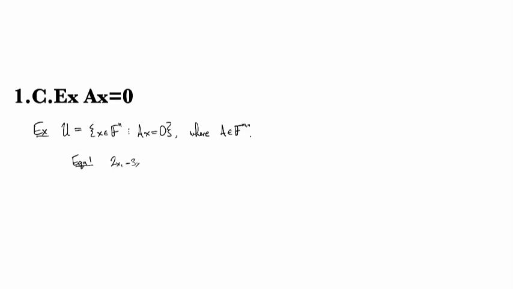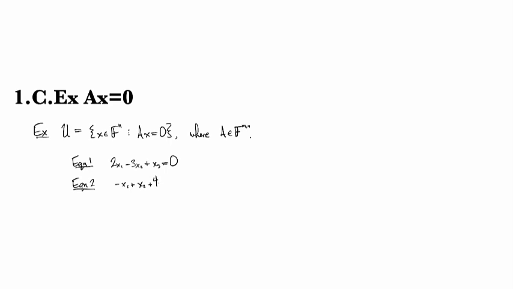2x1 minus 3x2 plus x3 equals 0. And we have some other homogeneous linear equation like minus x1 plus x2 plus 4x3 equals 0.